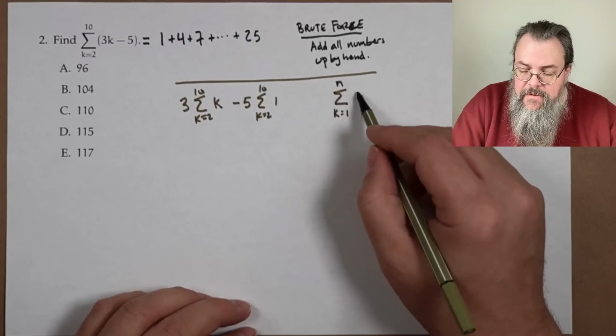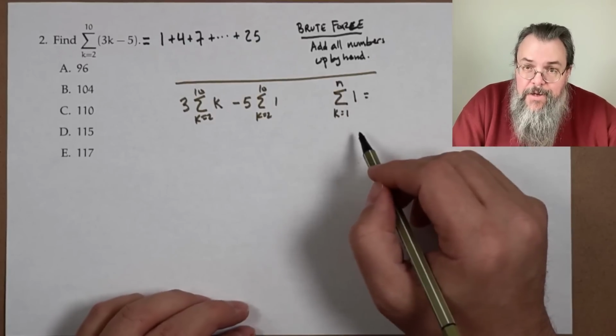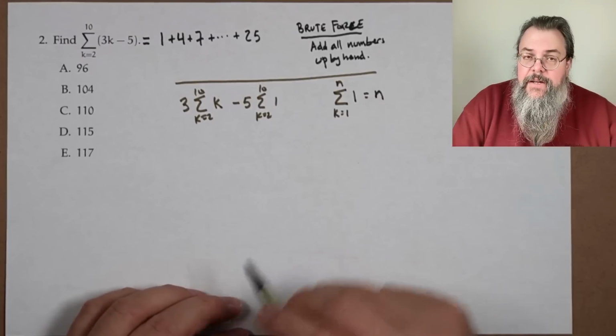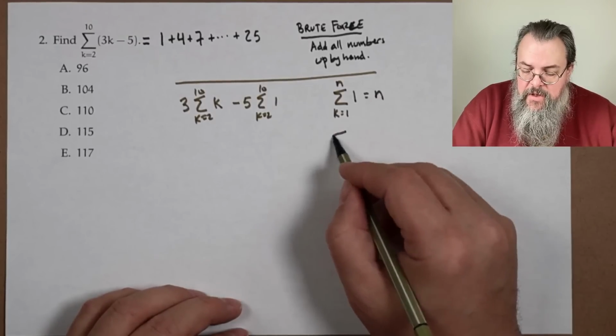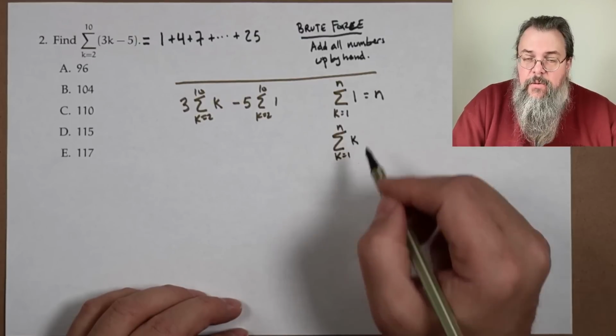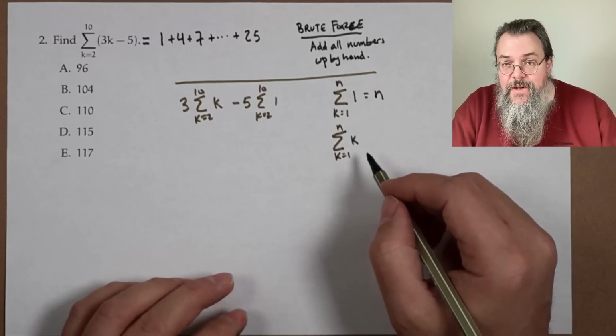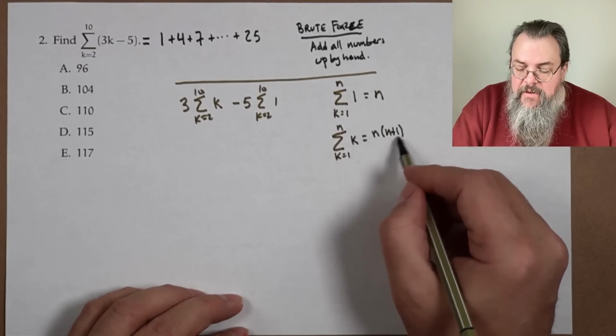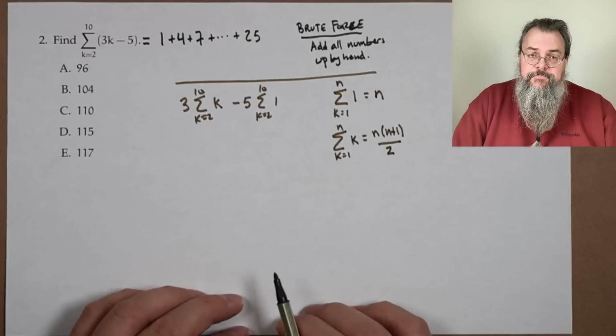Sum from 1 to n of 1, that says you add 1 plus 1 plus 1 plus 1 plus 1. If you add it up n times, you get n. Similarly, if you add 1 to n of k, so 1 plus 2 plus 3 plus 4, well, that's equal to n times n plus 1 over 2.